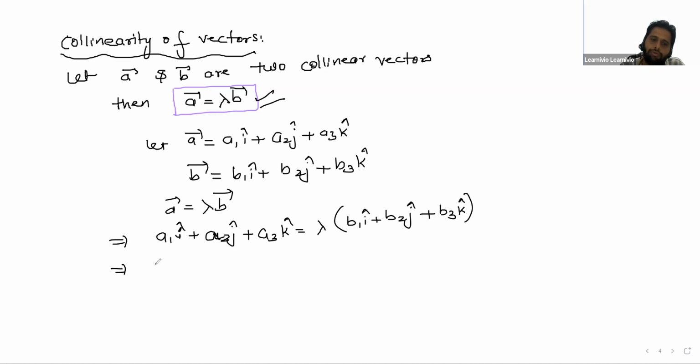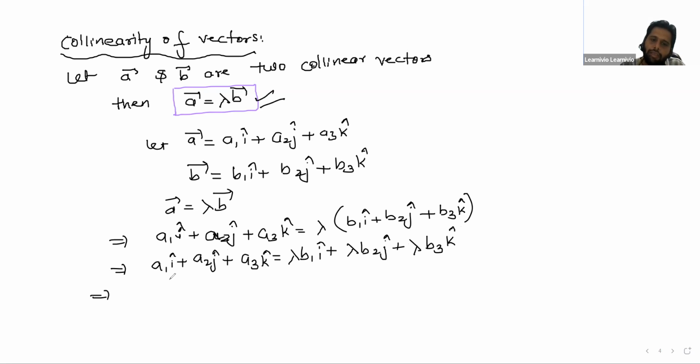So here you will get A1 i cap, A2 j cap, A3 k cap, equal to lambda B1 i cap plus lambda B2 j cap plus lambda B3 k cap.